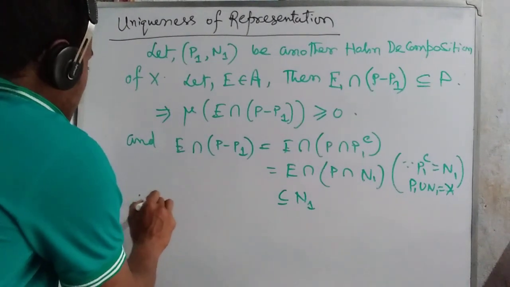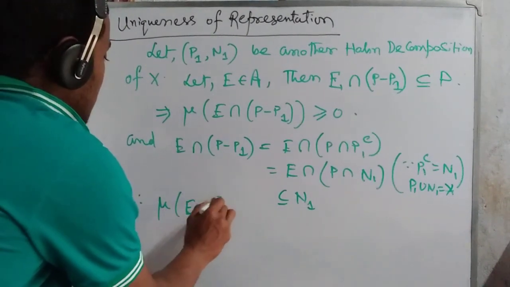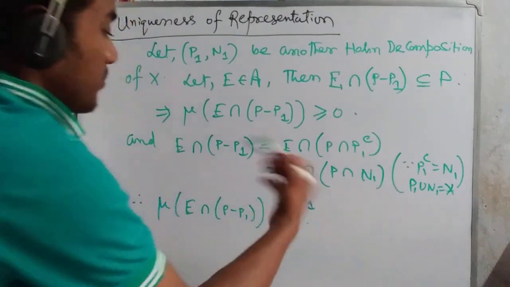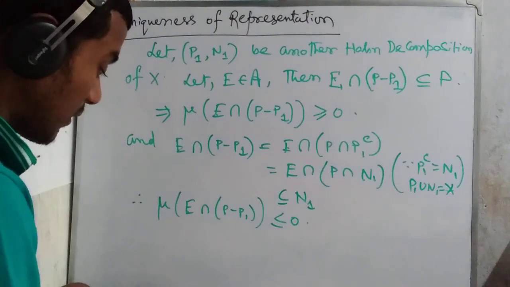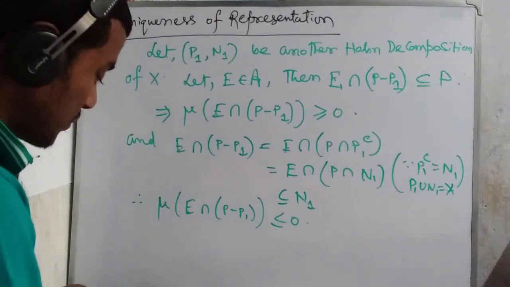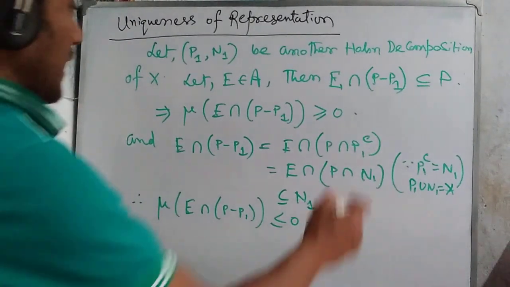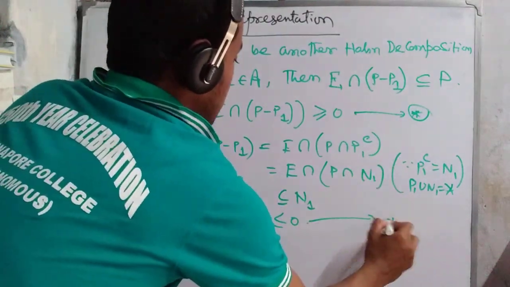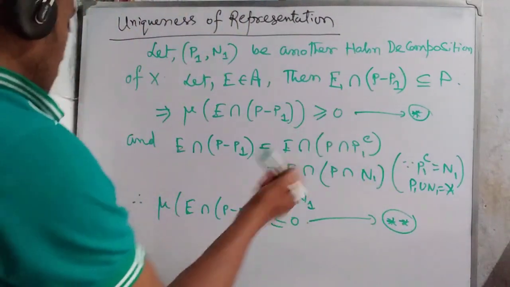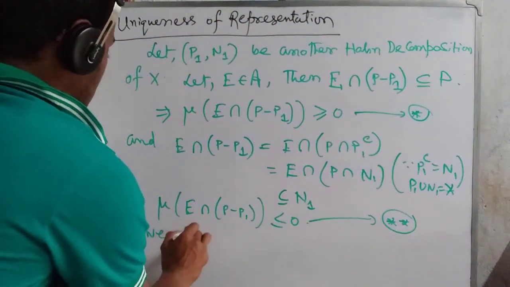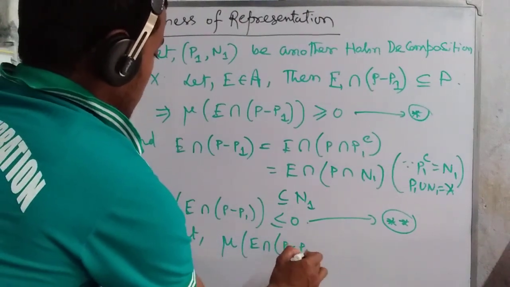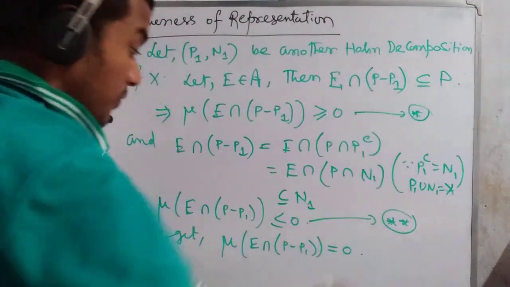Then mu of E intersection (P difference P1) is less than or equal to 0, because mu of N1 is less than or equal to 0. So from this part, star, and this part, double star, we get mu of E intersection (P difference P1) equal to 0.